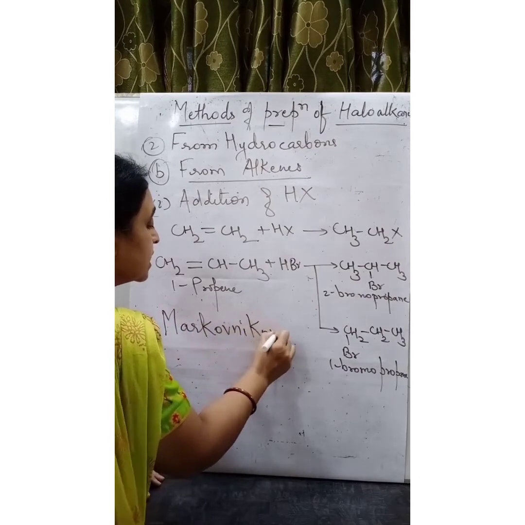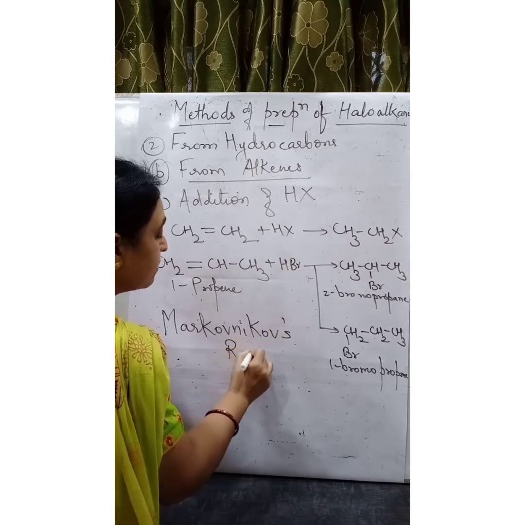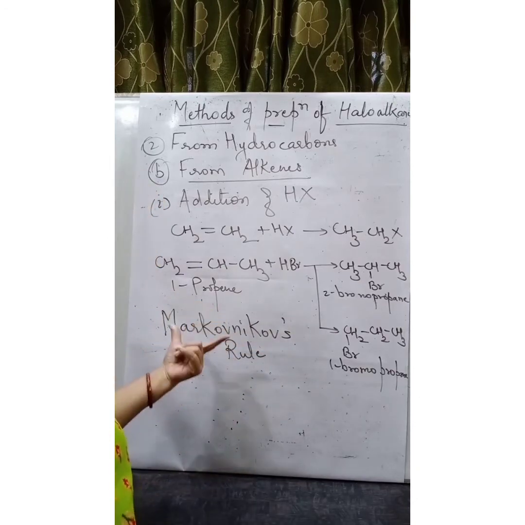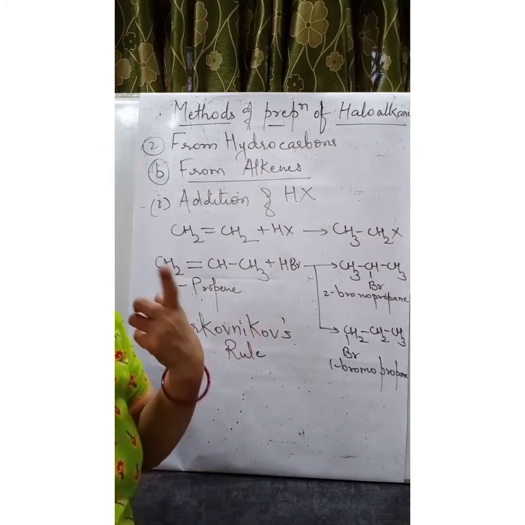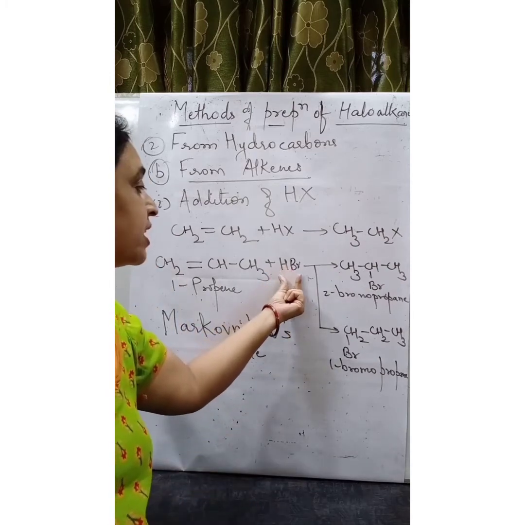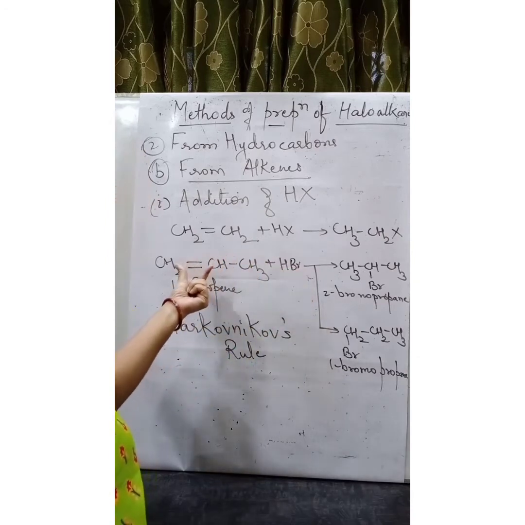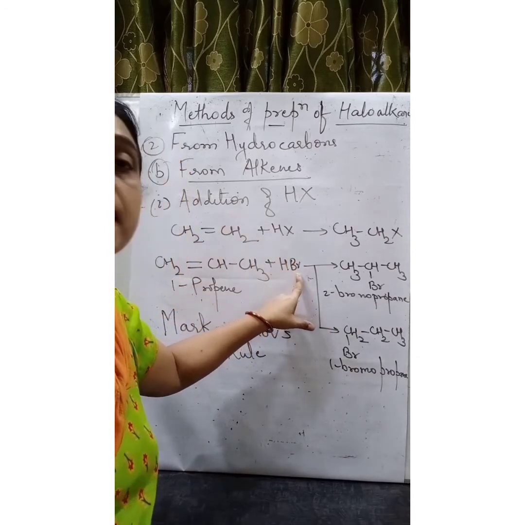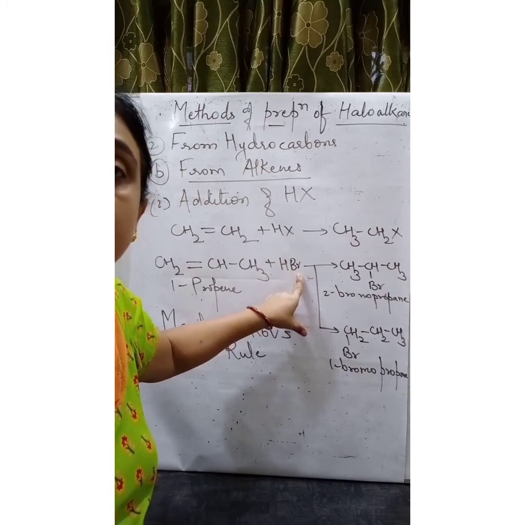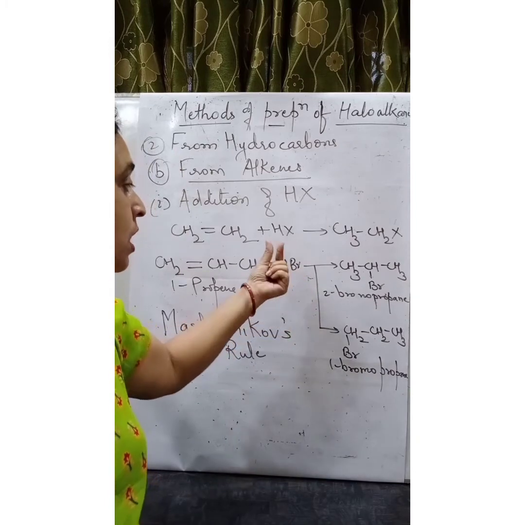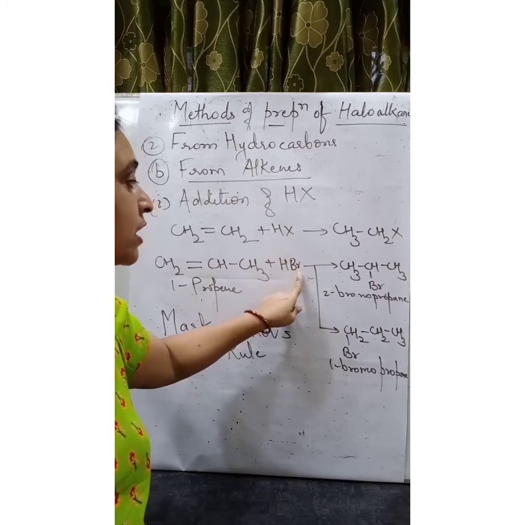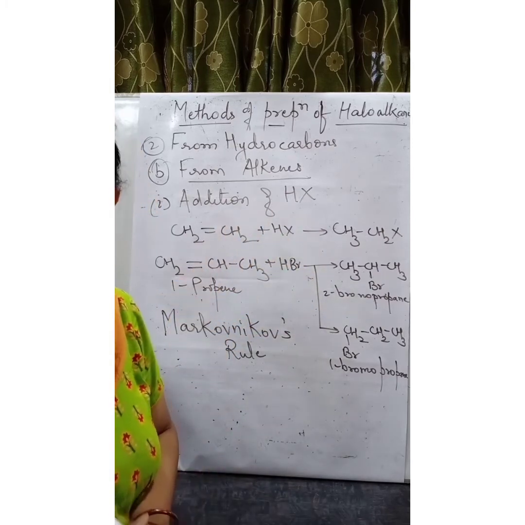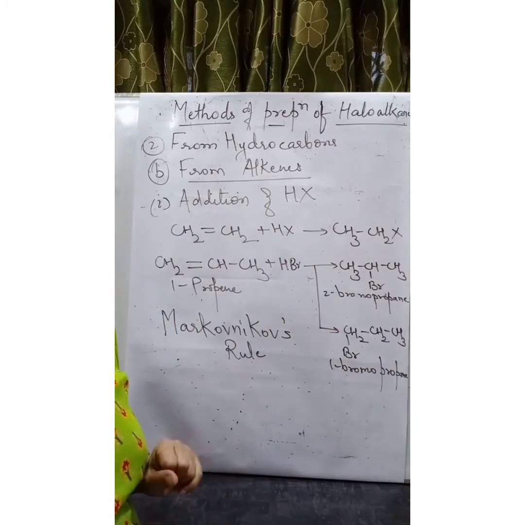Markovnikov's rule. Spelling of Markovnikov can be different at different places. He was a Russian chemist. Markovnikov rule says that whenever a hydrogen halide is added to unsymmetrical alkene, the most electronegative part of the addendum, addendum means adding molecule, always goes to the carbon containing lesser number of hydrogen.